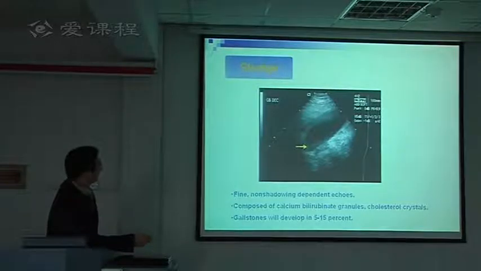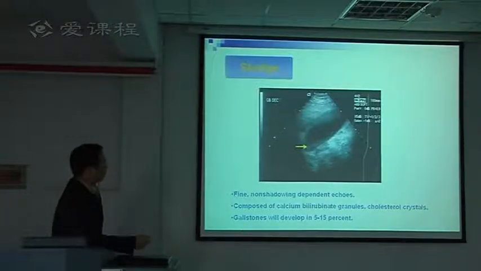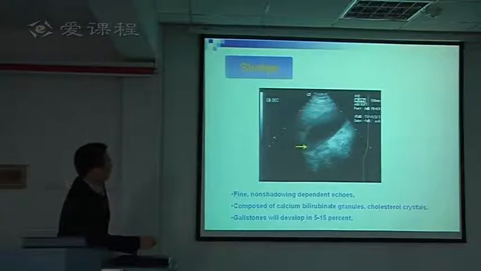This ultrasonography showed the gallbladder has more sludge. What type of sludge? Is it semi-solid or solid? Sludge can be either of those.